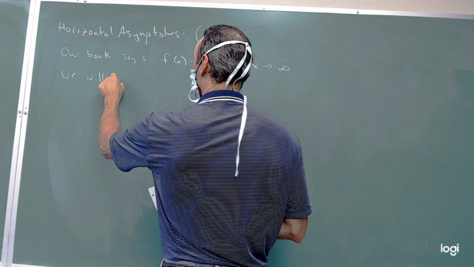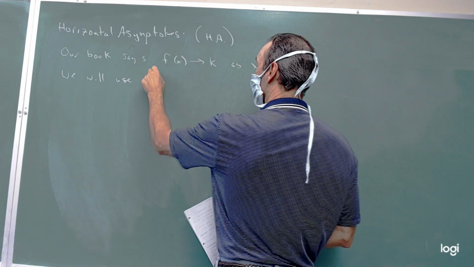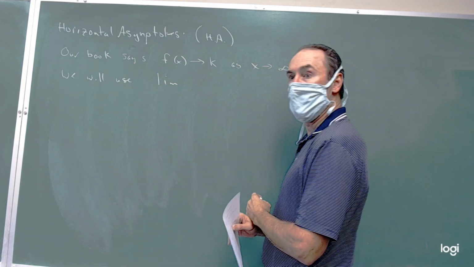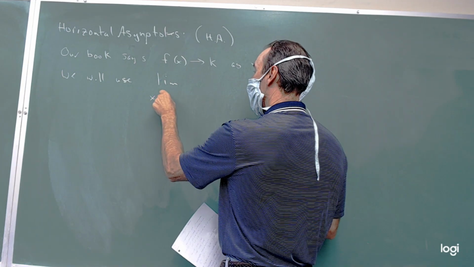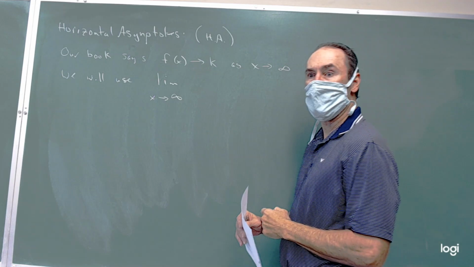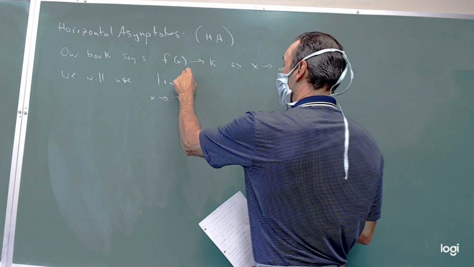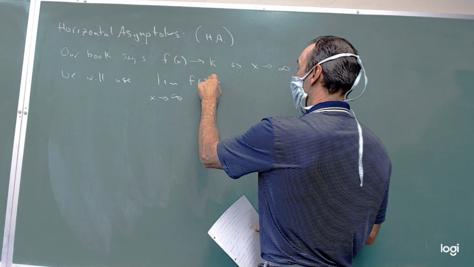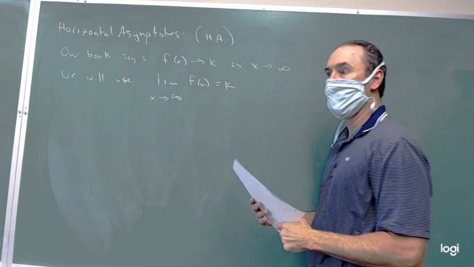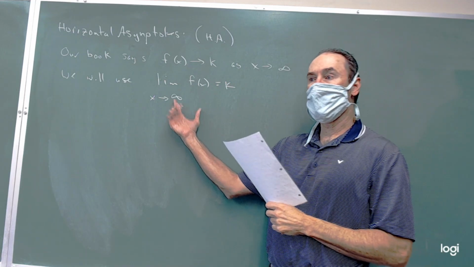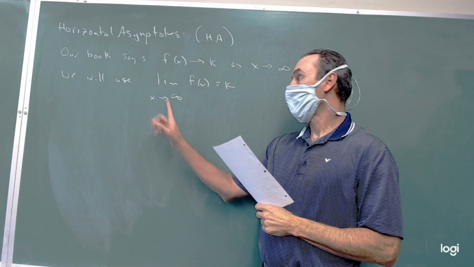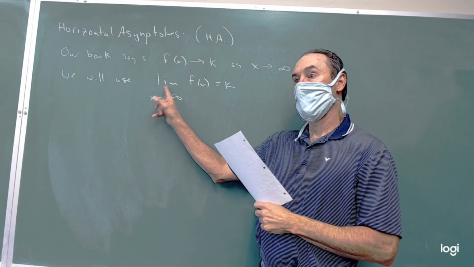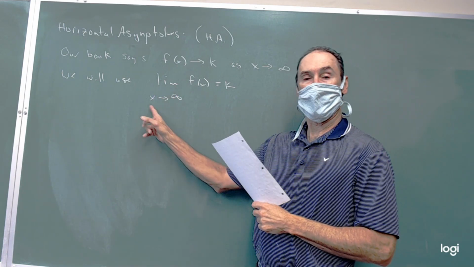So for this notation, we're going to say lim, and then x arrow infinity down below. And then we'll say f of x, and we'll make that equal to k. So the way we will read this symbolism is, lim means limit. The x arrow infinity means as x approaches infinity.